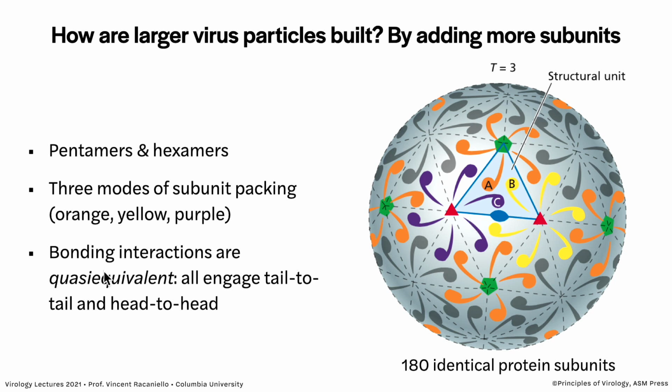We call them quasi-equivalent. Structural biologists learned this as they were studying how viruses were built, and they said, the rules aren't quite what Watson and Crick said, but we can call them quasi-equivalent because they're similar. And so this is a virus built with 180 identical protein subunits, right? So the first one was 60, now 180. It's a bigger particle.